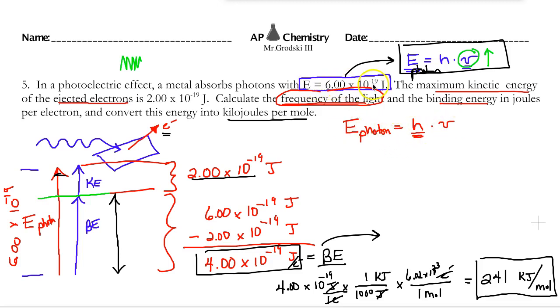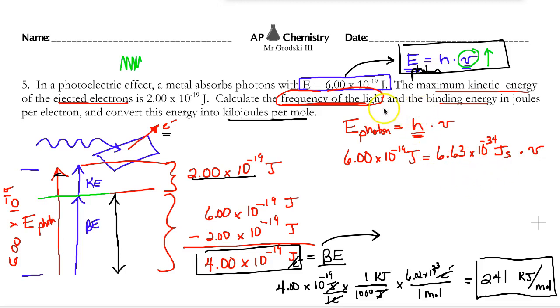I know the energy of the photon is 6.0 times 10 to the negative 19 joules. I know Planck's constant is 6.63 times 10 to the negative 34, very tiny. It's in joule seconds, and it's multiplied by the frequency.